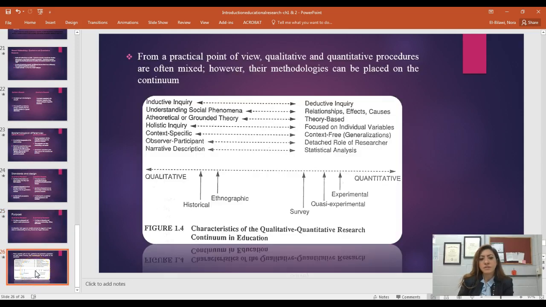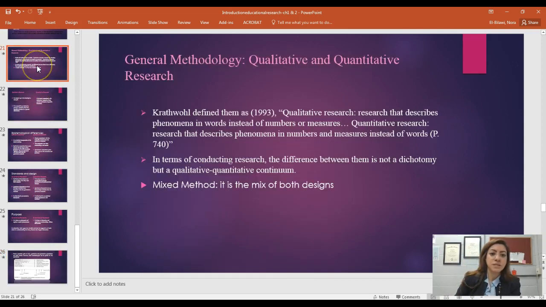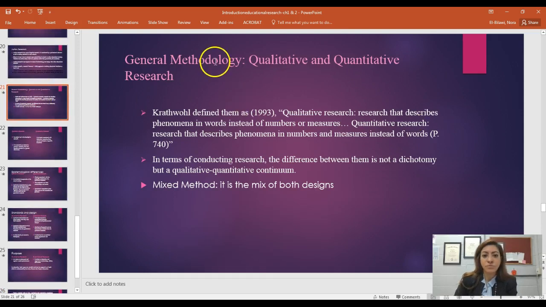At the end, this is a visual of what we've discussed in the difference between these two. Qualitative, here are the kinds of qualitative that we're going to discuss, and then the types of quantitative we're going to discuss. But again, please don't worry about this section now, because it's too early.